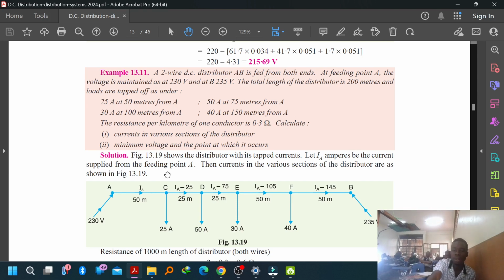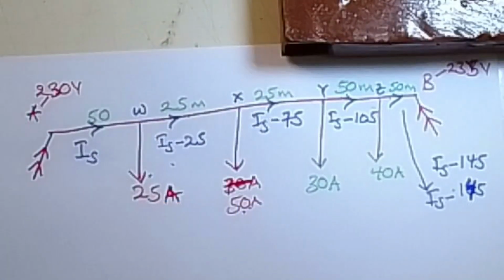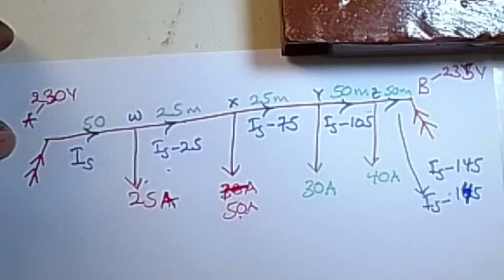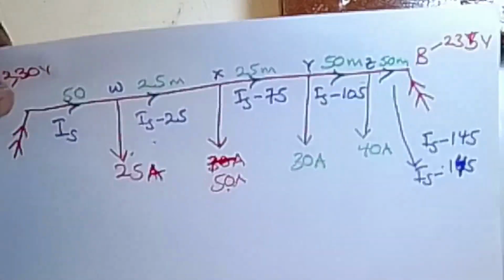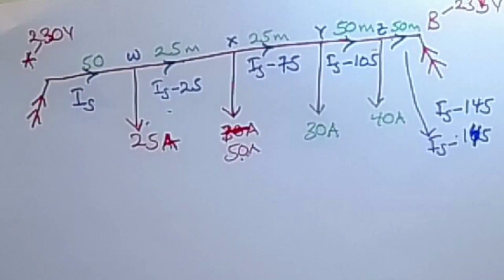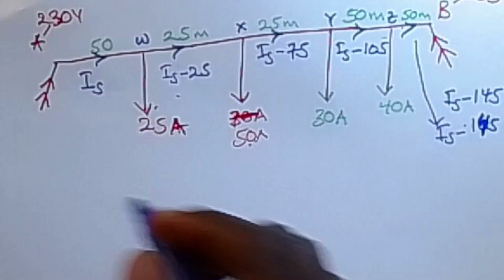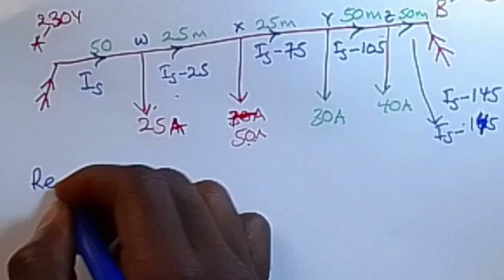What they have given us is a resistance of 0.3 ohms per kilometer of one conductor. But remember, we are dealing with a two-wire DC distributor. So this resistance shall be converted to that of the two conductors.